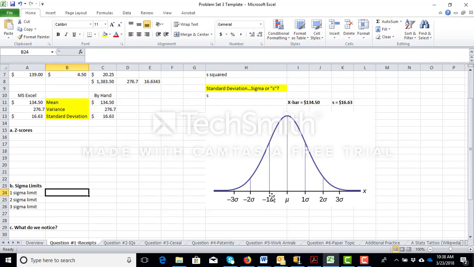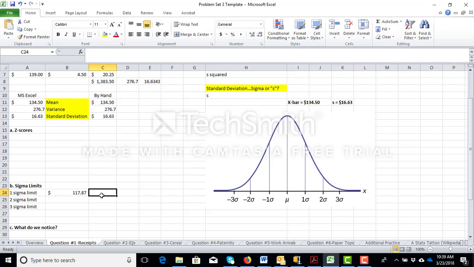We need that minus 1 sigma limit, which equals the average minus the standard deviation. Since I already have it in my spreadsheet, I'm going to say equals A11 minus A13. So this line here on the graph, minus 1 standard deviation from the mean, would be at exactly $117.87.